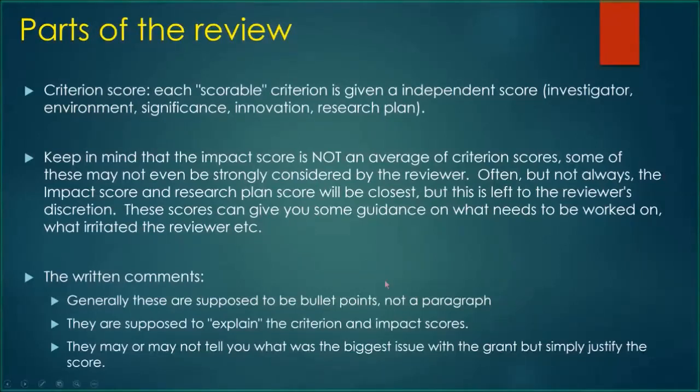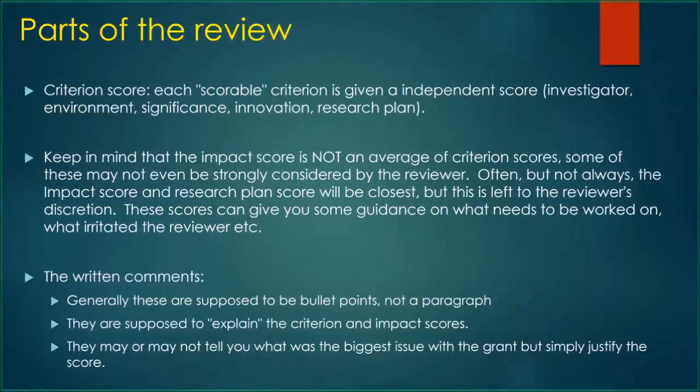Now, when you look at those written comments that I told you to move into a Word document and start analyzing one by one as you're deciding what to do about a resubmission, keep in mind that these are most likely to be bullet points. They're not a paragraph. Those are the actual directions to the study section members from the NIH.